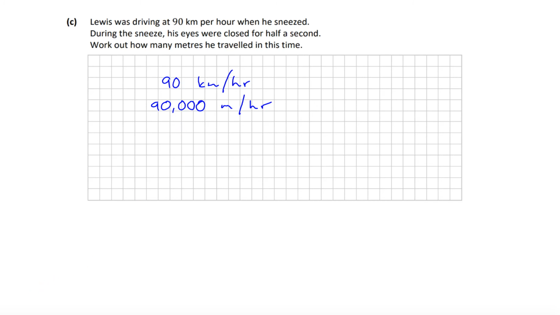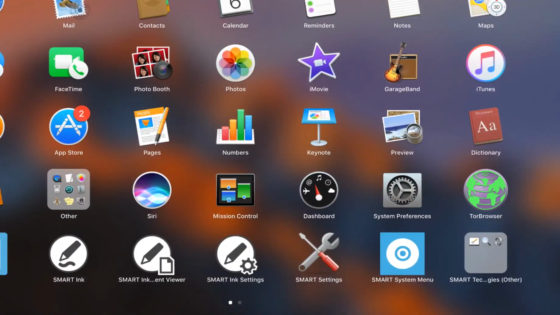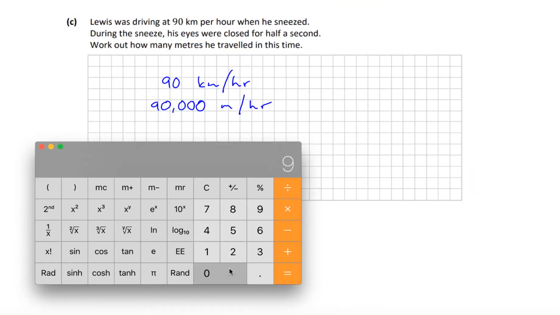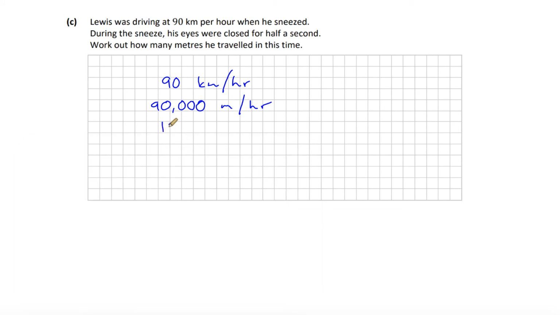So let's just get our calculator out here. 90,000 divided by 60 is 1,500. So that's 1,500 meters in a minute.